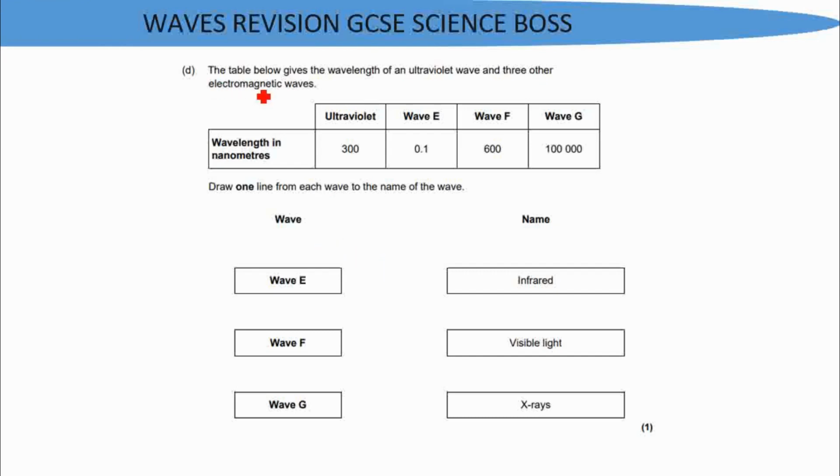So with this question now, it gives you the table below gives the wavelength of a UV wave and 3 other electromagnetic waves. Okay, so what they want us to do now is to match what's going on. 1 mark, but just remember, roadman inflicts violence, right, upon ex-girlfriend.